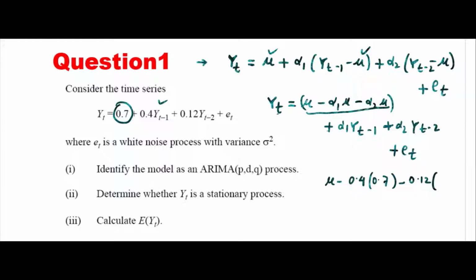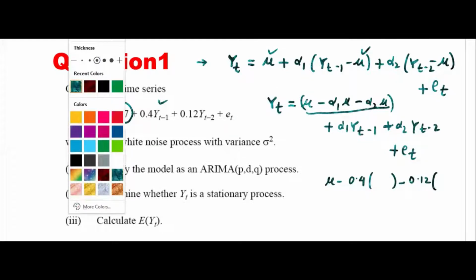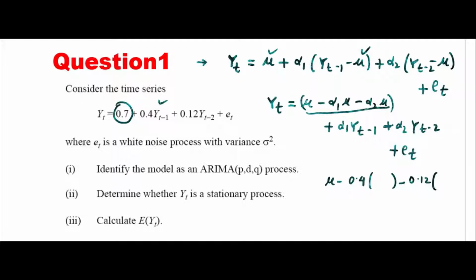Let me write it this way. I take mu common: mu times (1 minus alpha 1 minus alpha 2), and this total is 0.7. Now what is 1 minus alpha 1 minus alpha 2?